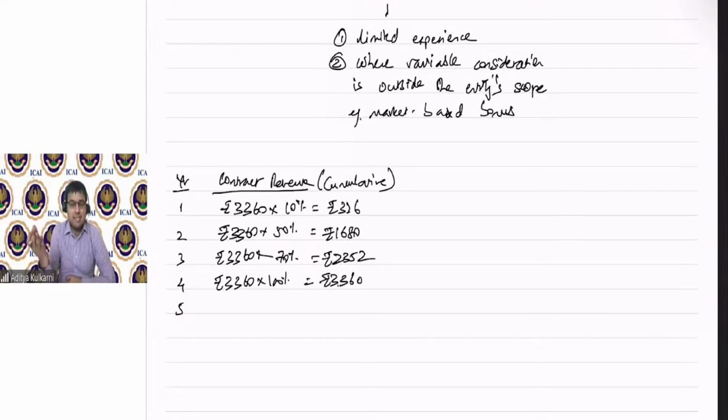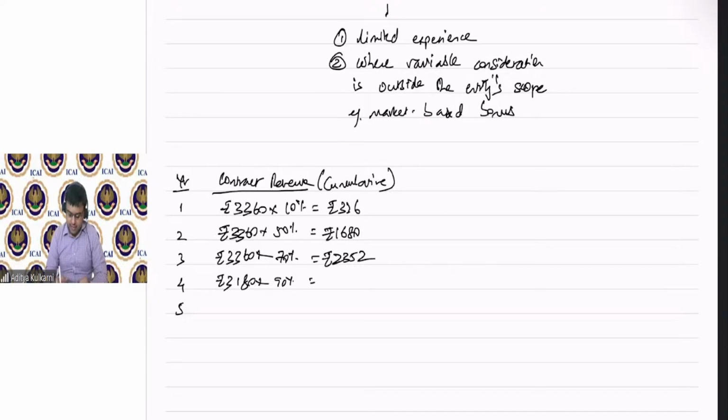Suppose this changes and you are unable to complete it within 4 years and you take 4.5 years, then you will book here 3,180 into, let us say, 90%, because you have been unable to complete that.